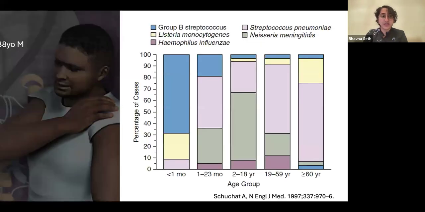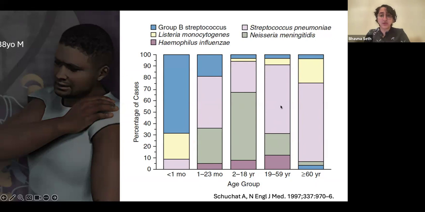So in terms of the treatment, this is also geared towards our epidemiology. And so our patient, who is a 38-year-old male, would probably fall in this second to last bucket, where Streptococcus pneumoniae is the most common. And so our treatment should cover that, but also Neisseria is fairly common.